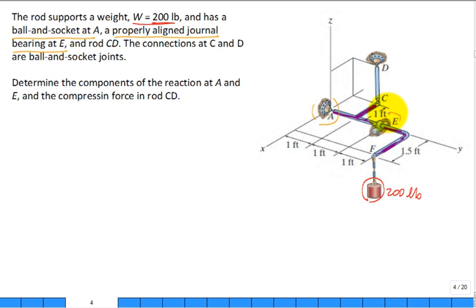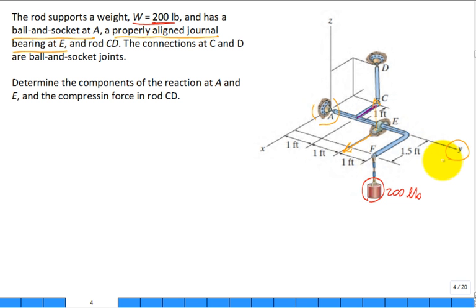All right. It has a properly aligned journal bearing at E. So here's E, and there's a journal bearing. What they mean by properly aligned journal bearing is that the journal bearing holds that rod that goes through the middle of it at that location. It will not allow it to move in the X or in the Z, but it would allow it to slide in and out of that bearing. It's not a thrust bearing.